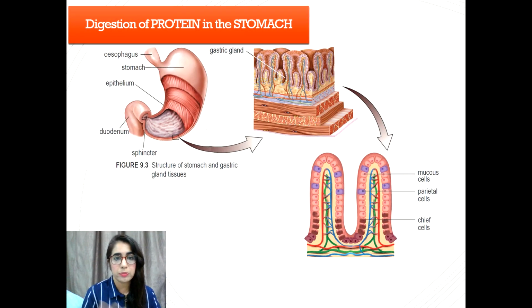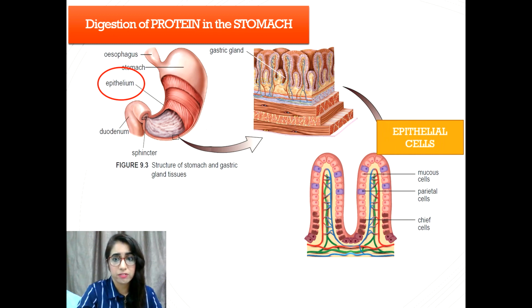Next we will see digestion of protein in the stomach. Now, in the stomach, no lipid digestion takes place, whereas starch digestion is halted due to the acidic condition of the stomach. The surface of the stomach wall is lined with epithelial cells.